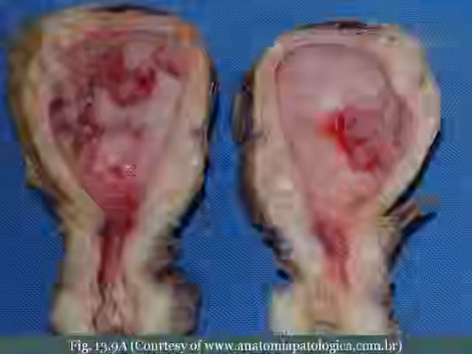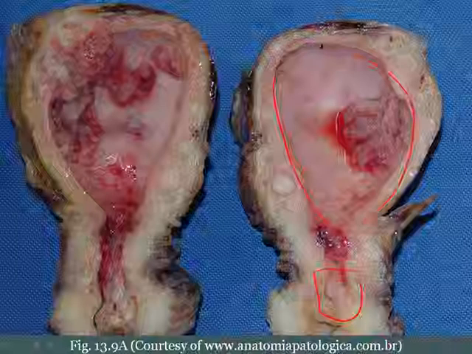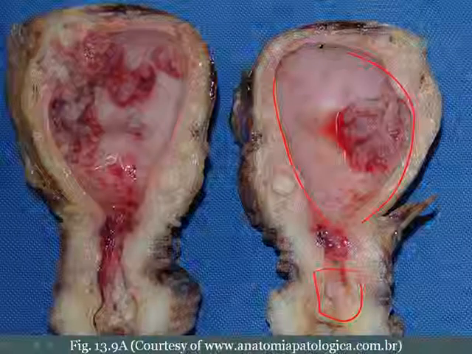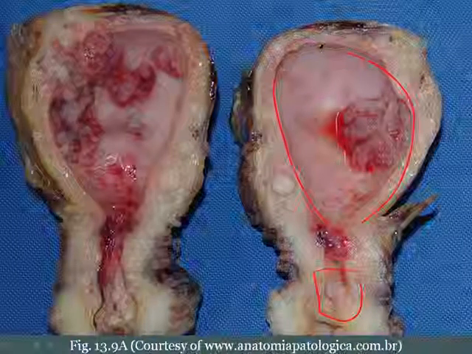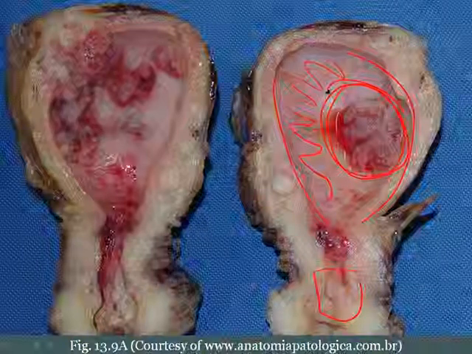Here's a gross of endometrial carcinoma. Again, you're well aware that this is the cervix, and now we've come into the uterine cavity. And in the uterine cavity, it should normally be smooth and shiny the way it is here, but there's clearly this growth right over here, which represents, in this particular case, endometrial carcinoma.